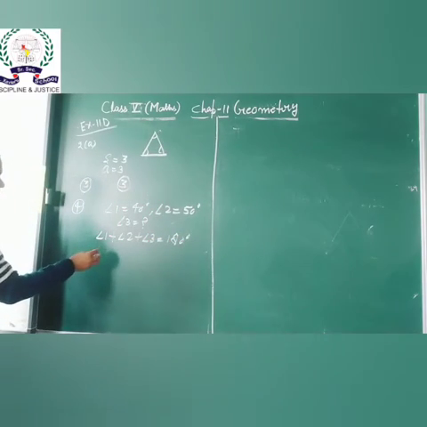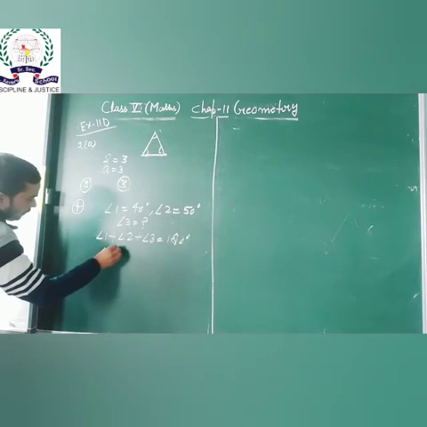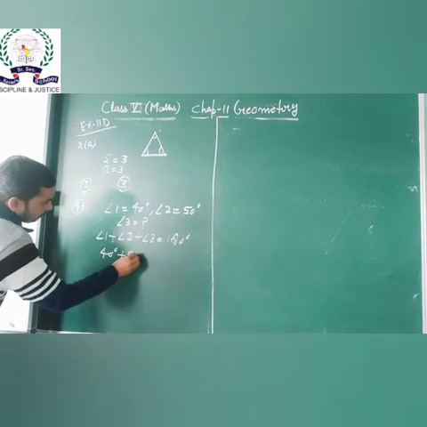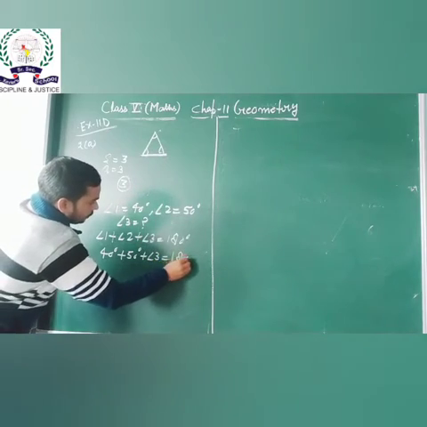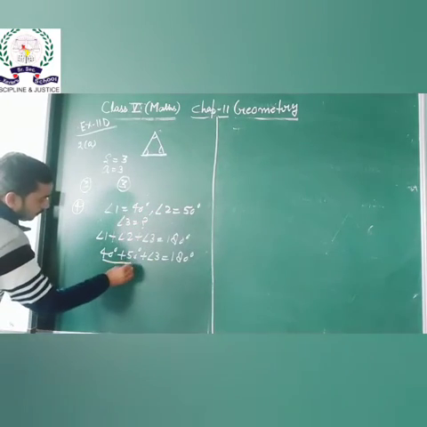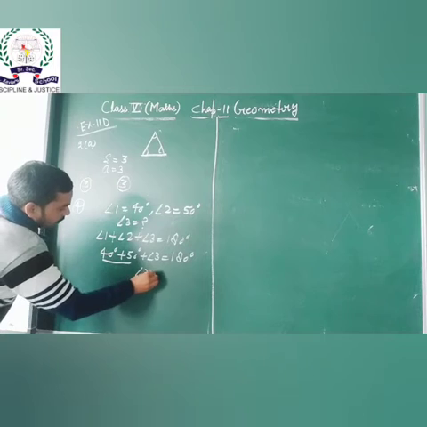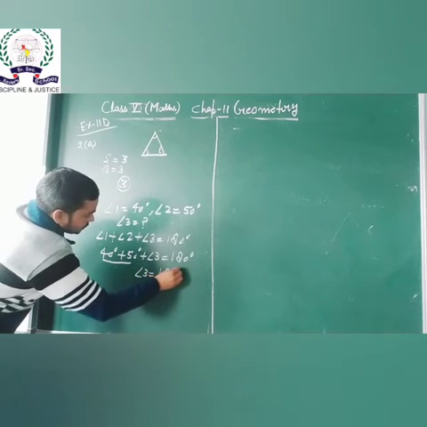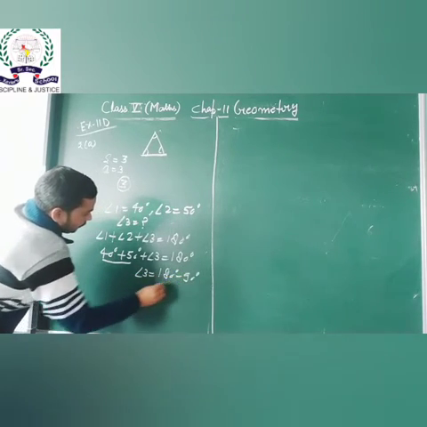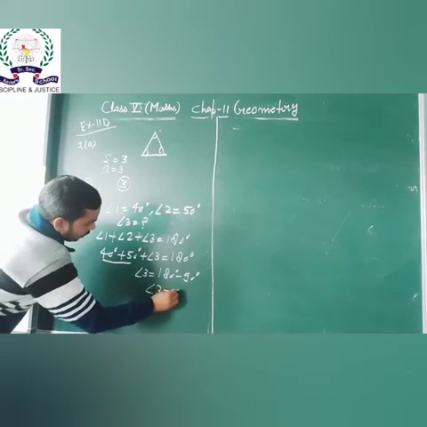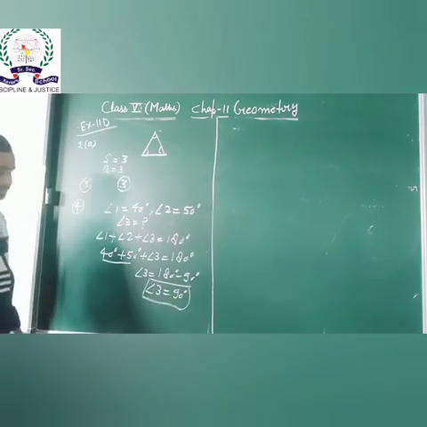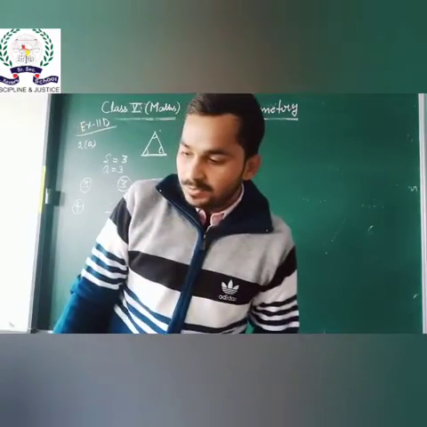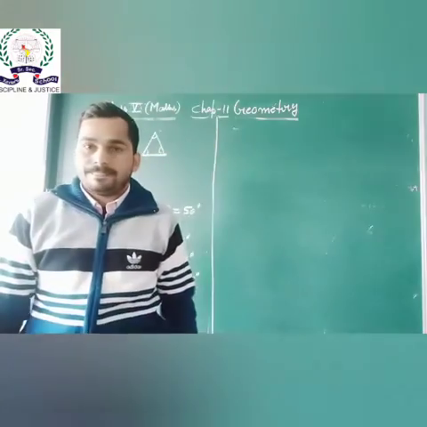Put the values of 1 and 2. So 40 plus 50 plus angle 3 equals 180 degrees. Add 40 and 50, that is 90. So angle 3 equals 180 minus 90, so angle 3 equals 90 degrees. So the unknown angle is 90 degrees. Now you have to solve the B and C parts of this question.